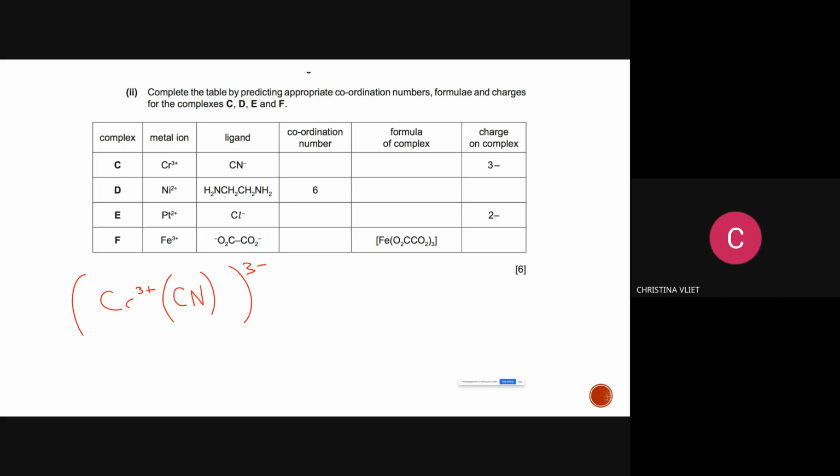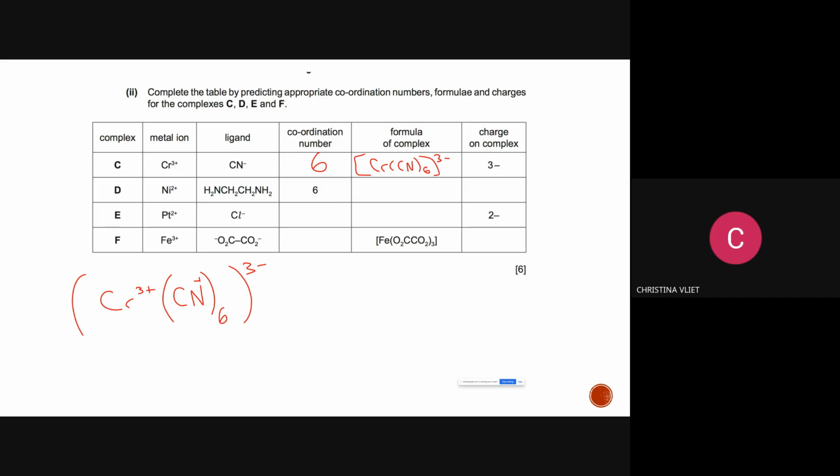They tell you that it's -1. So how many -1s do you need to bring +3 to -3? 6. Formula, we've got it, right? It's Cr(CN)6, brackets, 3-. Parentheses inside, brackets outside. Did that first one make sense?